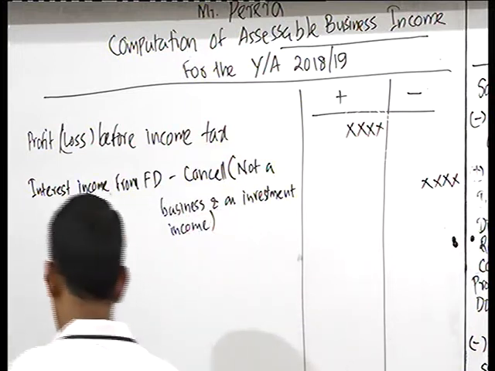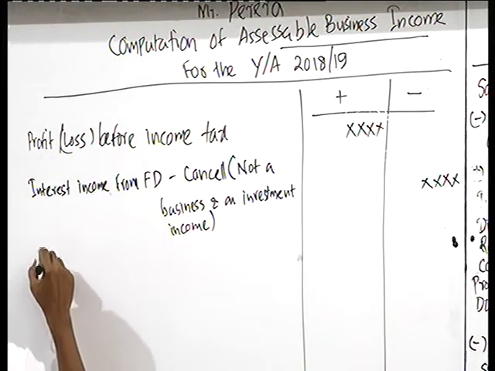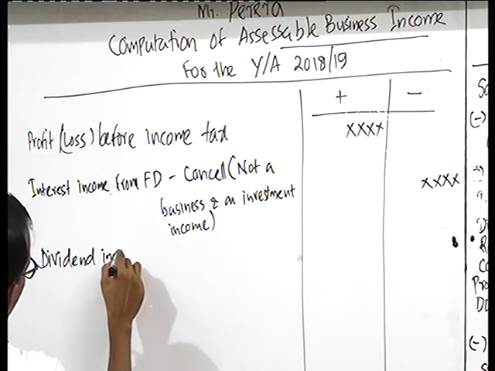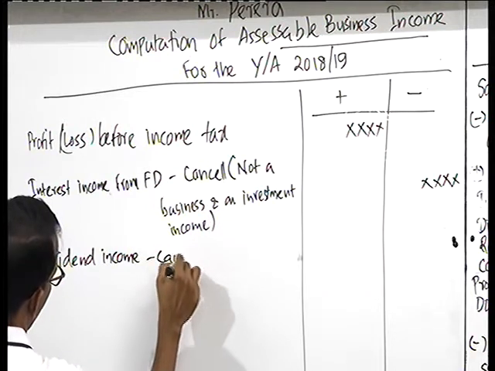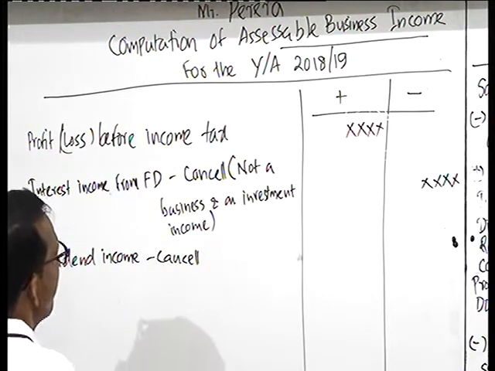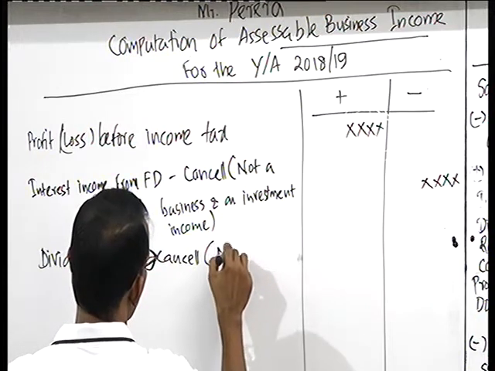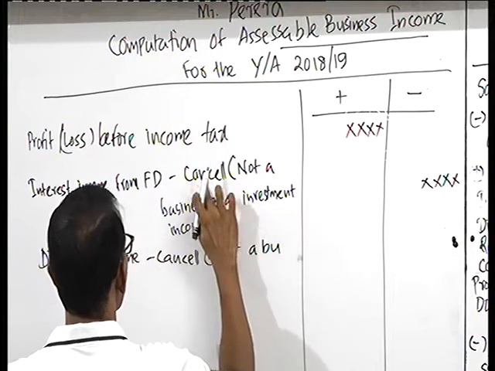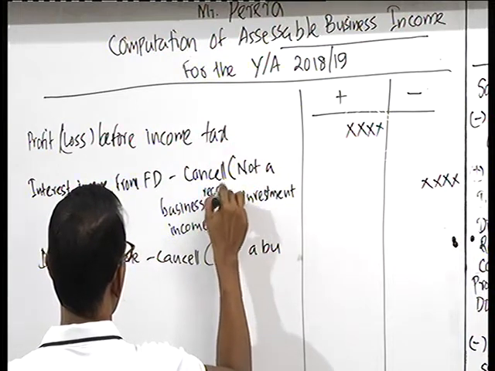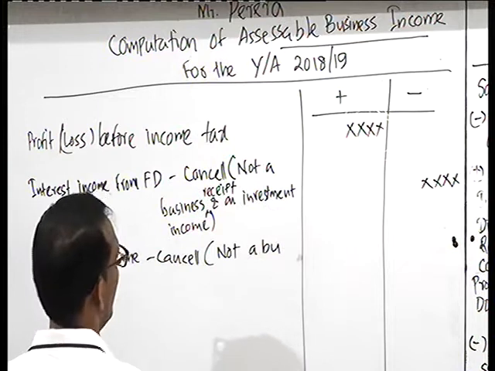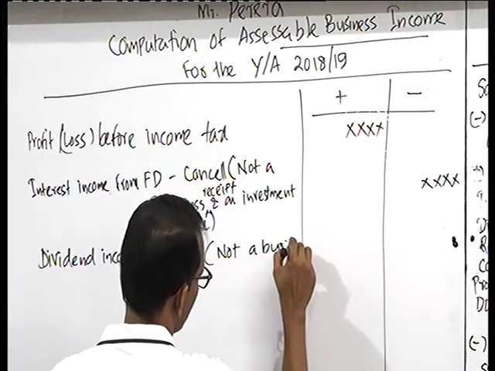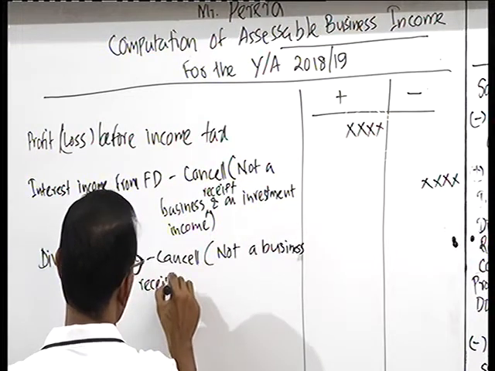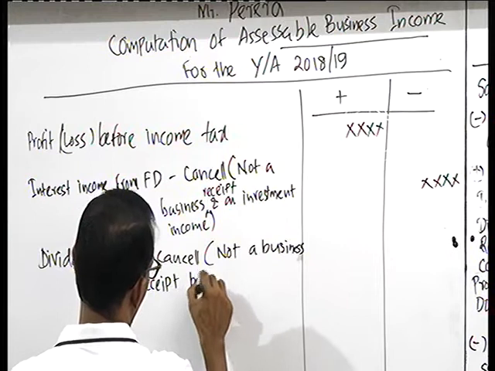Likewise, dividend, of course, is obviously investment income; dividend also you can cancel out. Dividend income: you can say cancel. Why are you cancelling? Not a business income or business receipt. You say not a business receipt, but an investment income.